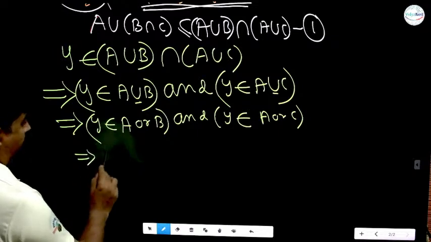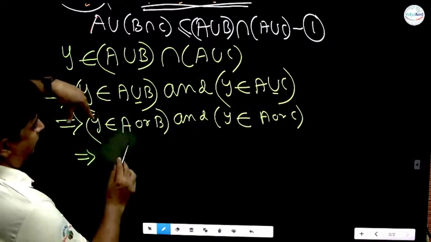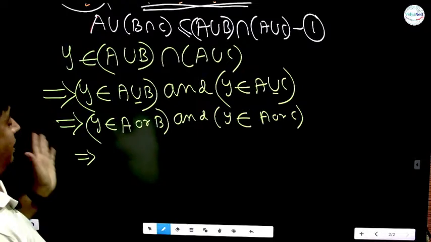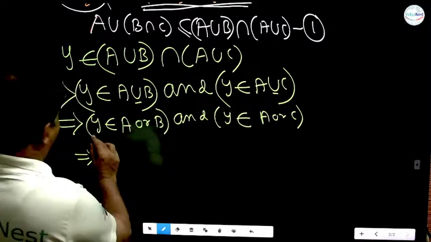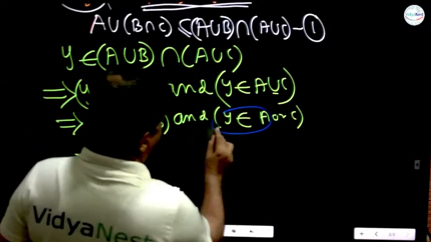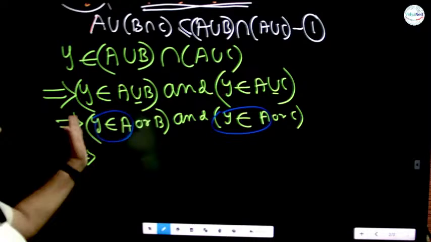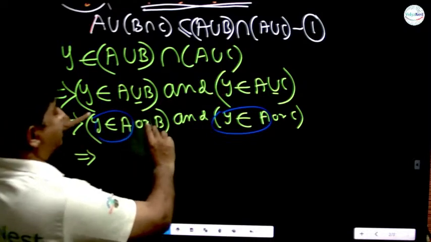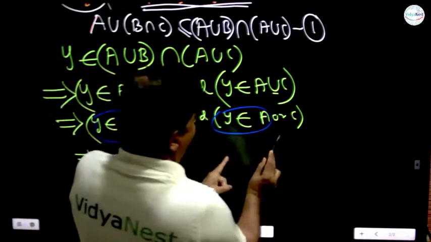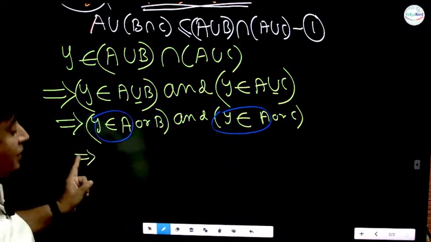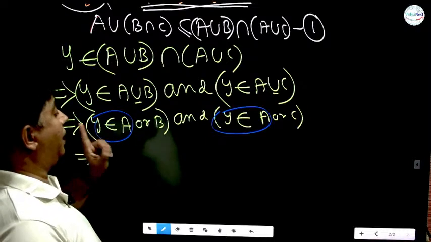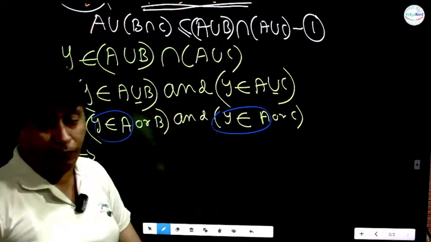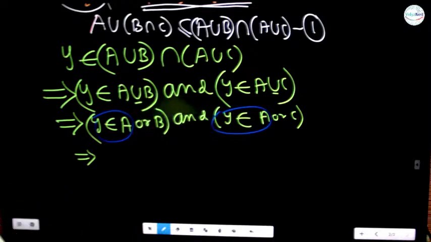So, I can write them separately. See, that part is common to both combinations. Means x belongs to A belongs to this bracket as well as this bracket. So, x belongs to A is connected with B and C both. Yes or no? Yes, sir.